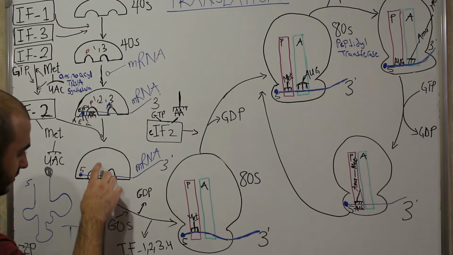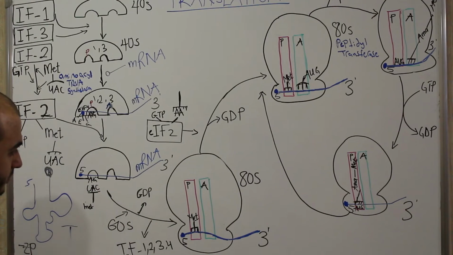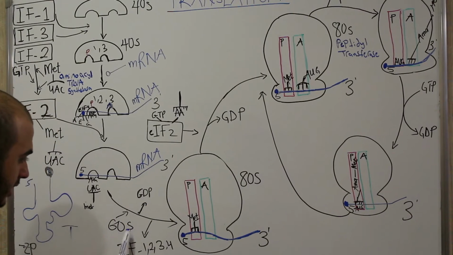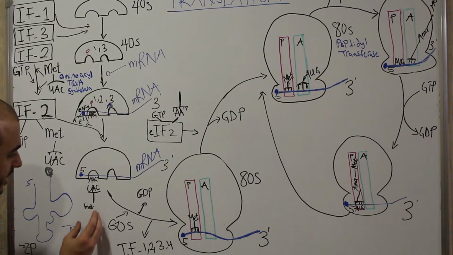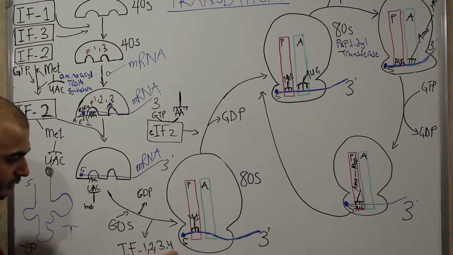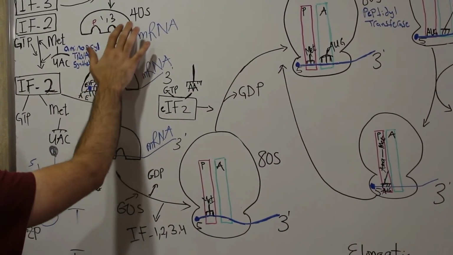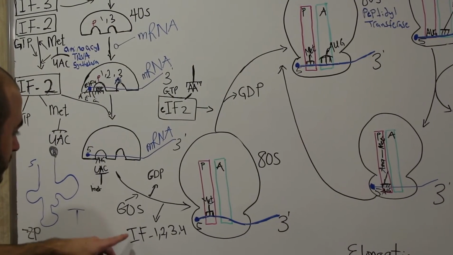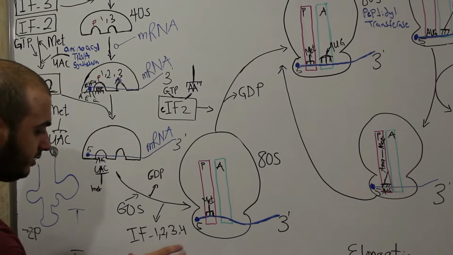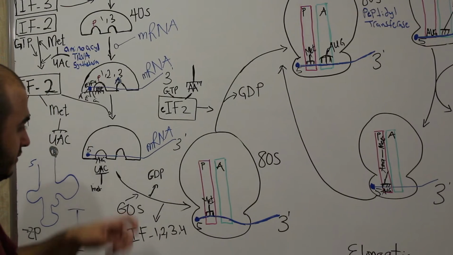Whenever methionine tRNA is associated with the correct codon, there will be release of GDP. At the same time, whenever this alignment occurs, there will be a slight shaking, resulting in release of all these factors from the head. All initiator factors will be released out of the small unit.